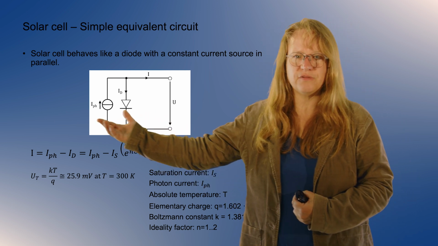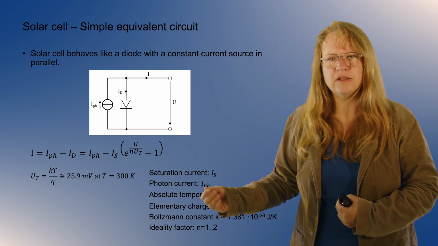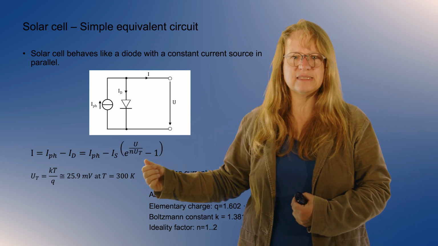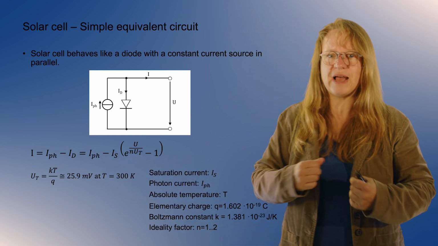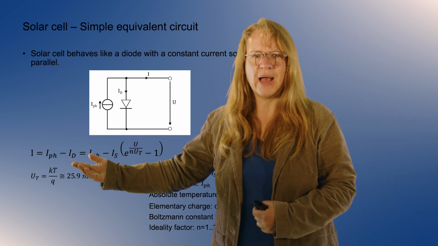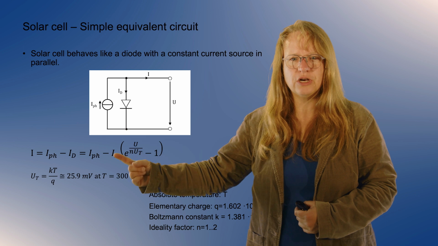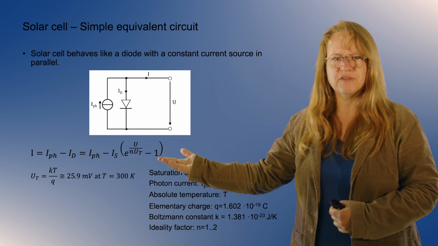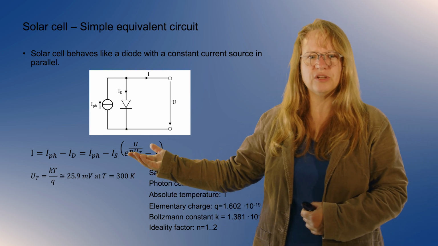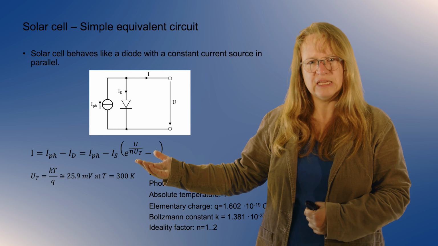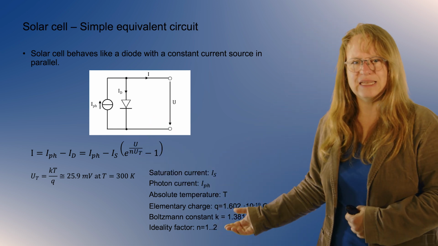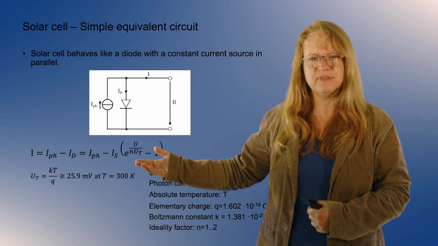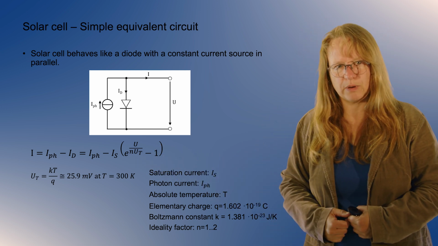And with this kind of model, the total current I is given by the photocurrent, which is due to the photon flux onto the solar cell, minus the diode current, and the diode current is given by the well-known diode equation: the saturation current times e to the power of the voltage U divided by the ideality factor n times the thermal voltage UT, minus 1.